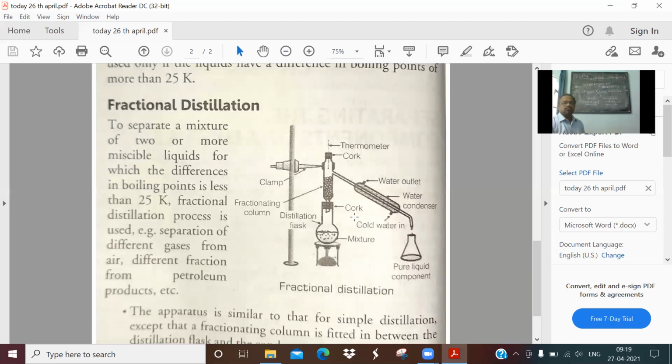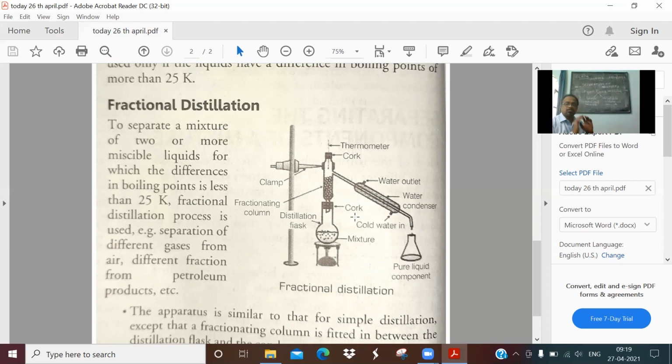There is a distillation flask. This is a condenser. The vapors coming out through the pipe pass through a container. Condenser, water condenser. Over the condenser, there is a flow of water, water outlet, water in.